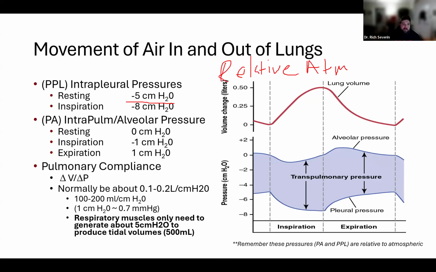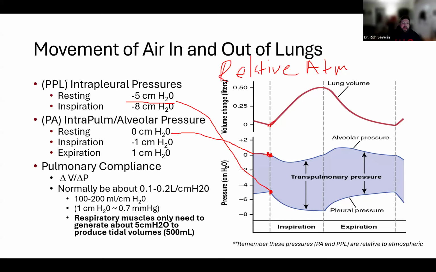Alveolar pressure is going to be roughly zero at rest. Looking at pleural pressure, again, it's going to be at -5. When you're at zero, there's no flow, no volume change.